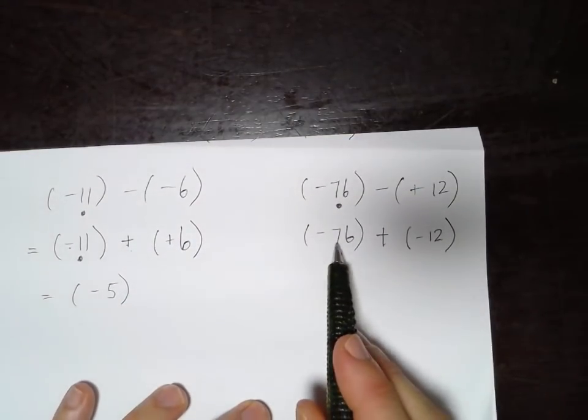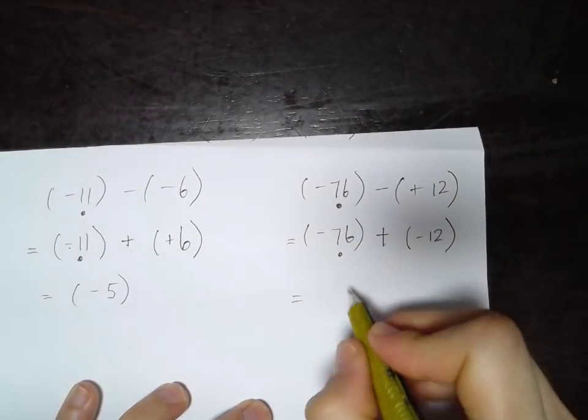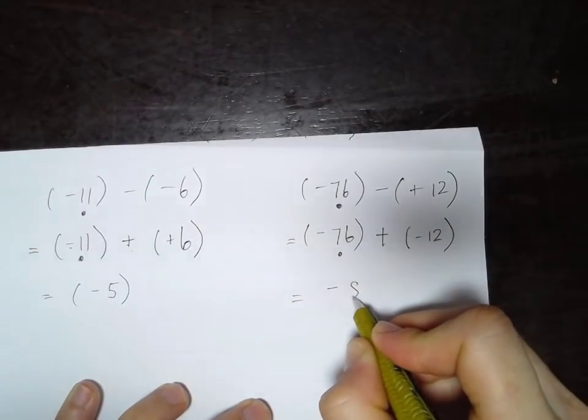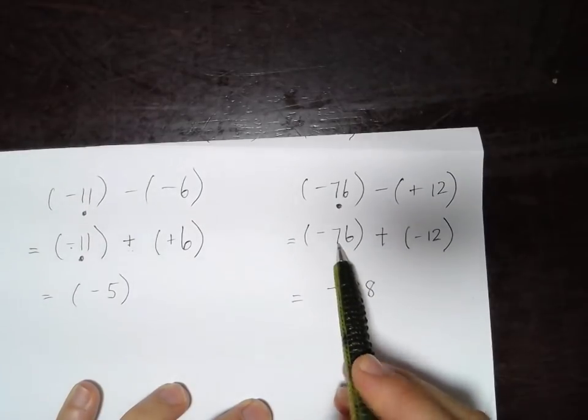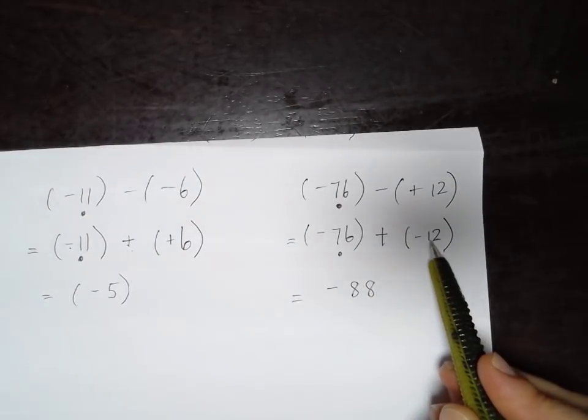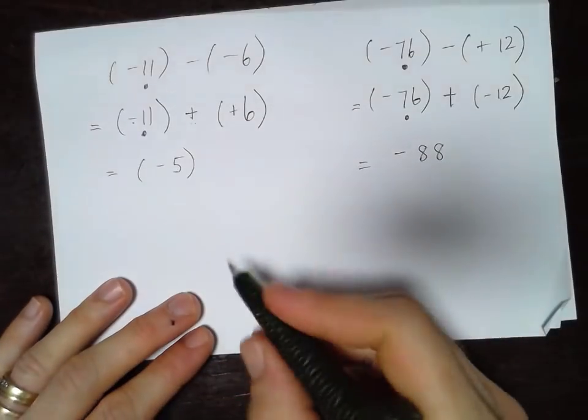So now you're going to have -76 as your starting point and go 12 places to the left. So it's going to be -88. So if you have -76 and you go first of all 10 places to the left, further away from the 0, you get to -86, add 2 more on to get you to -88.